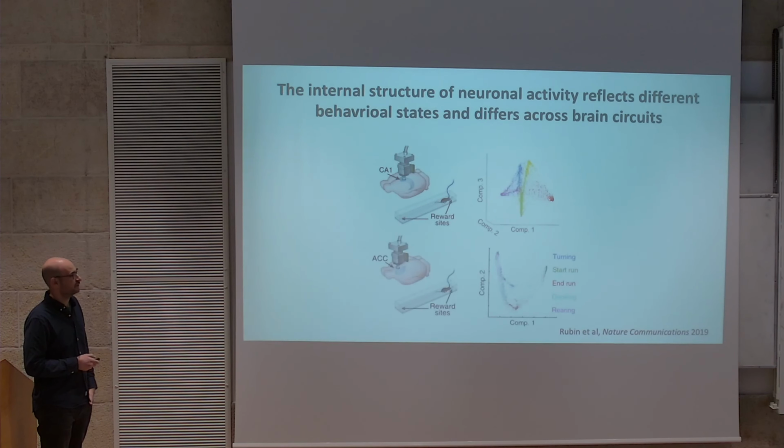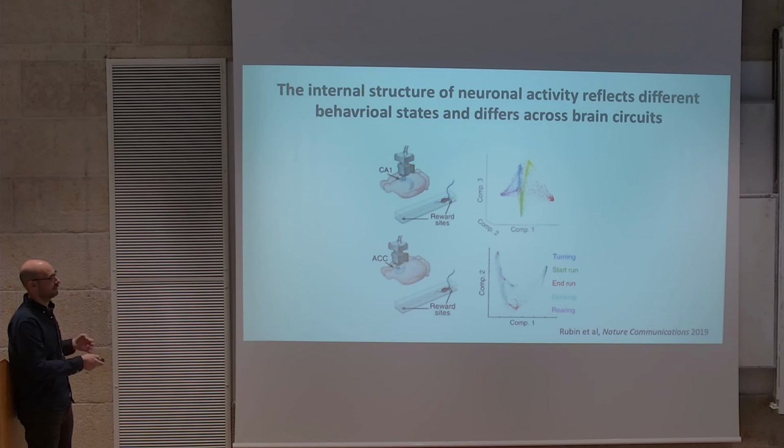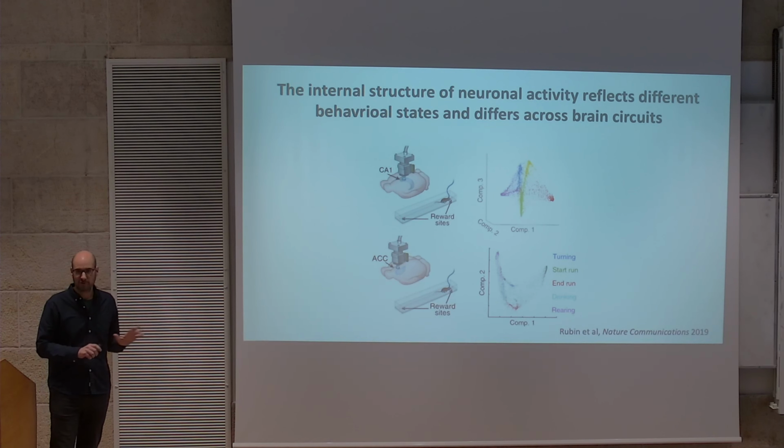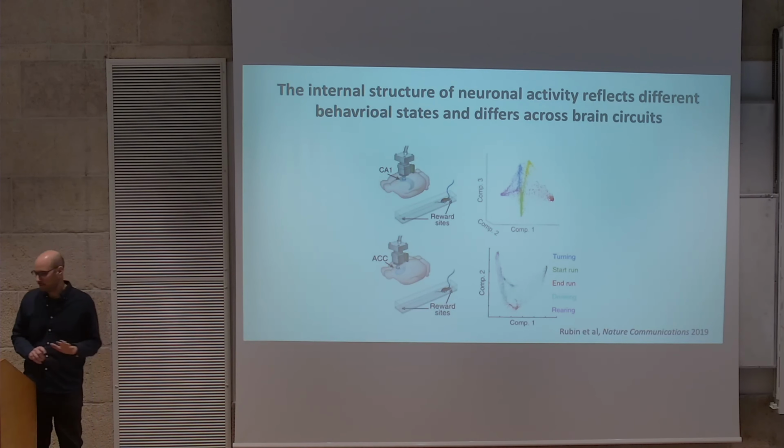And this internal structure of neuronal population activity is different across different circuits, different brain areas, even for the exact same behavioral task. So here we compare between CA1 and ACC. There's very different internal structure of neuronal activity for the two.